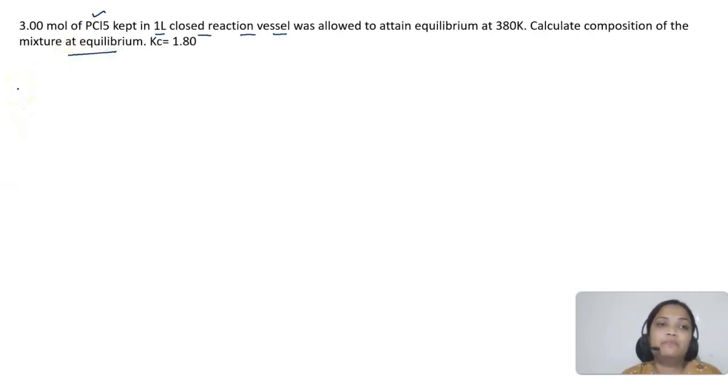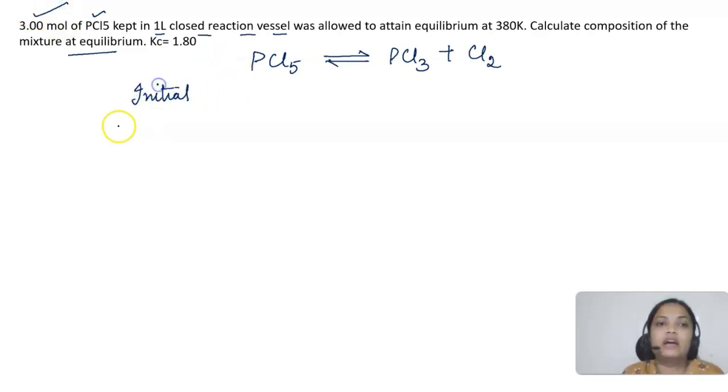कि equilibrium पे क्या composition है, means we need to find the equilibrium concentration. So you know कि when PCl5 decomposes, okay, so it gives you PCl3 and chlorine. Okay, so the concentration, if I write, so we have to write two concentrations, initial and at equilibrium.